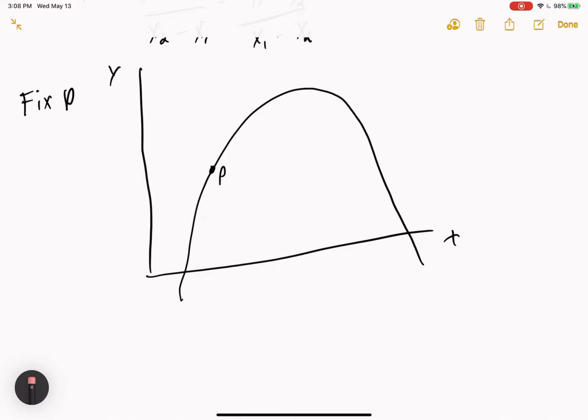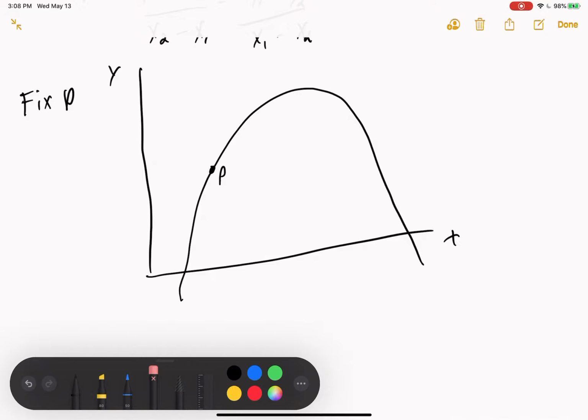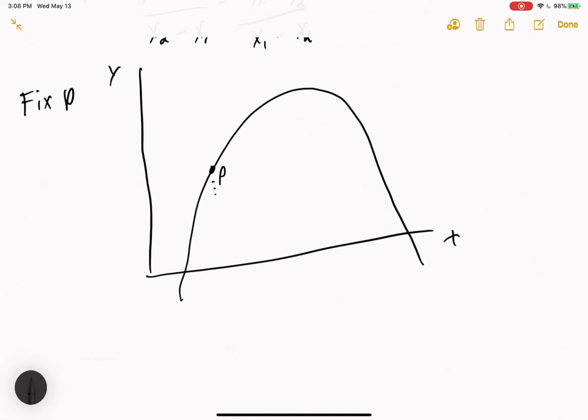We'll say it has an x value, x equals a, and this will be f of a. We can define this curve to be f of x. So this point P will just be (a, f(a)). It's known, it's fixed, it's not going to change.